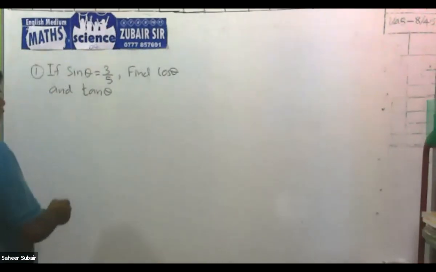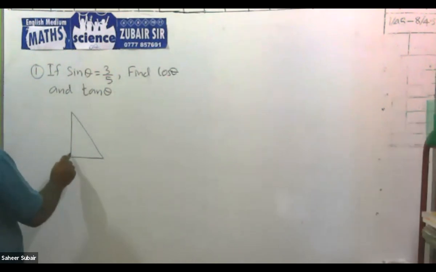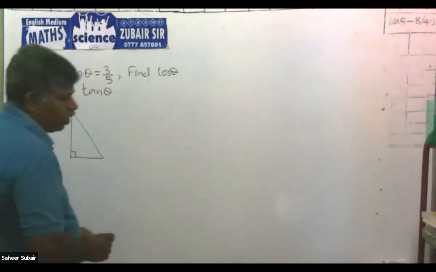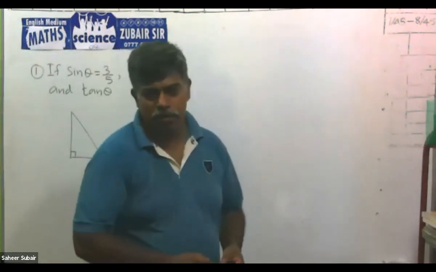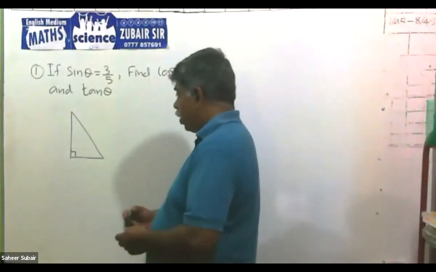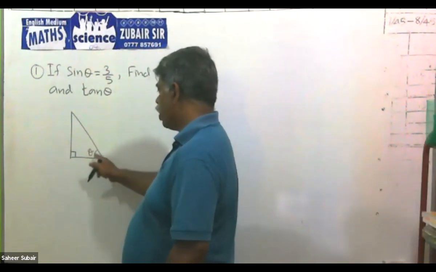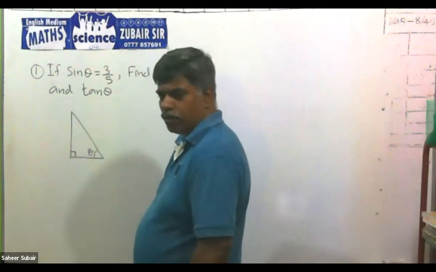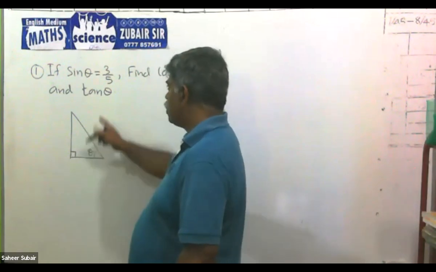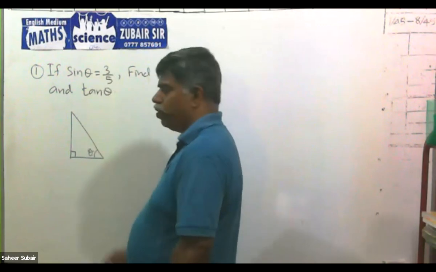Now these trigonometry relations occur in a right angle triangle. First we have to take a right angle triangle. Here theta is the angle mentioned. So except the right angle, mark one of the other angles as theta. You can mark this one or that one. Sine theta is given as 3 over 5.